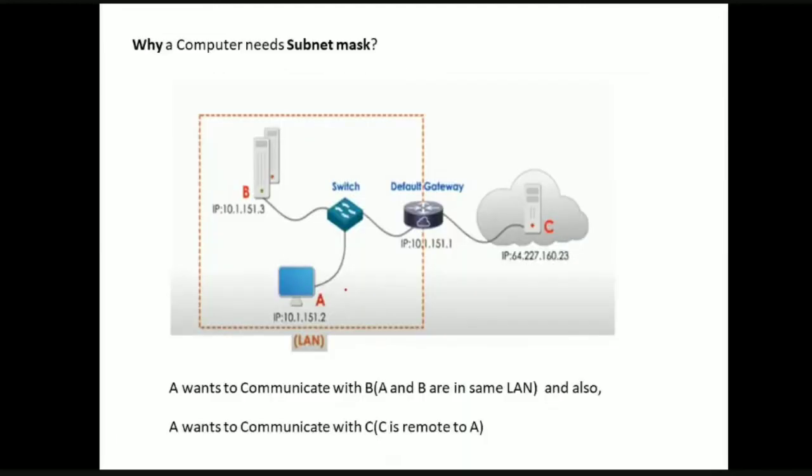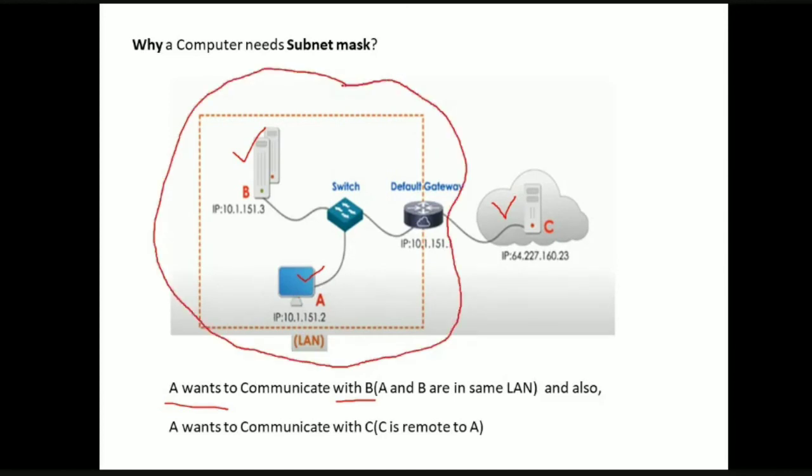Coming back to our question, why does the computer need a subnet mask? Let us say there is a scenario where we have station A here, station B here and station C here. Now station A wants to communicate with station B. When we observe this diagram, we can see that A and B are both in the same LAN.